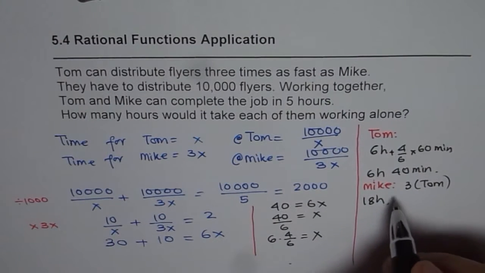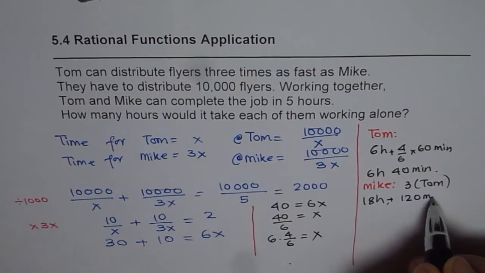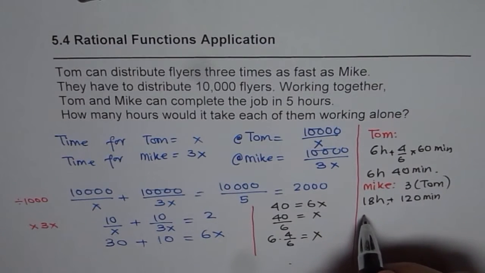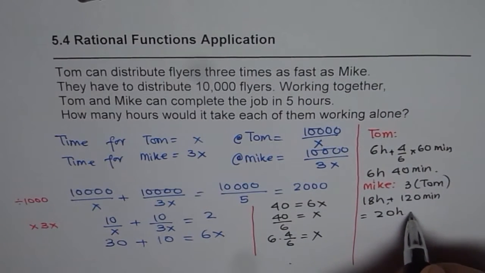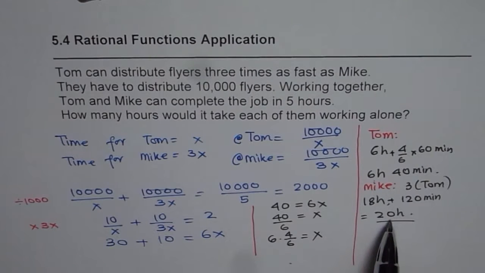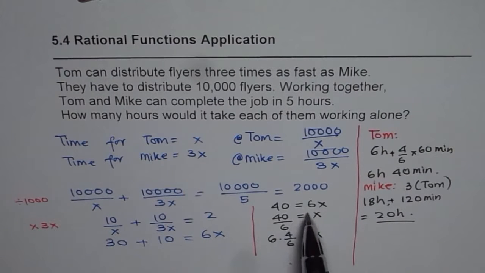And here 3 times 40 means 120 minutes. As you know, 120 minutes is 2 hours. So we'll add that. That is 20 hours, right? You could also multiply x by 3, and fortunately we are getting an exact answer: 40 over 6 times 3 will give us 20 hours straight away.